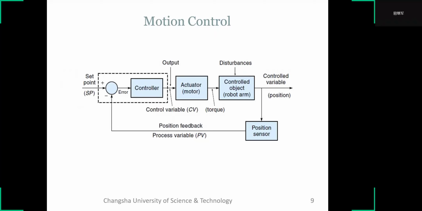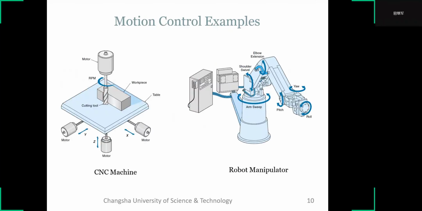Motion control. We either control the speed, control the displacement, or control both. This is an example for motion control: CNC machines.